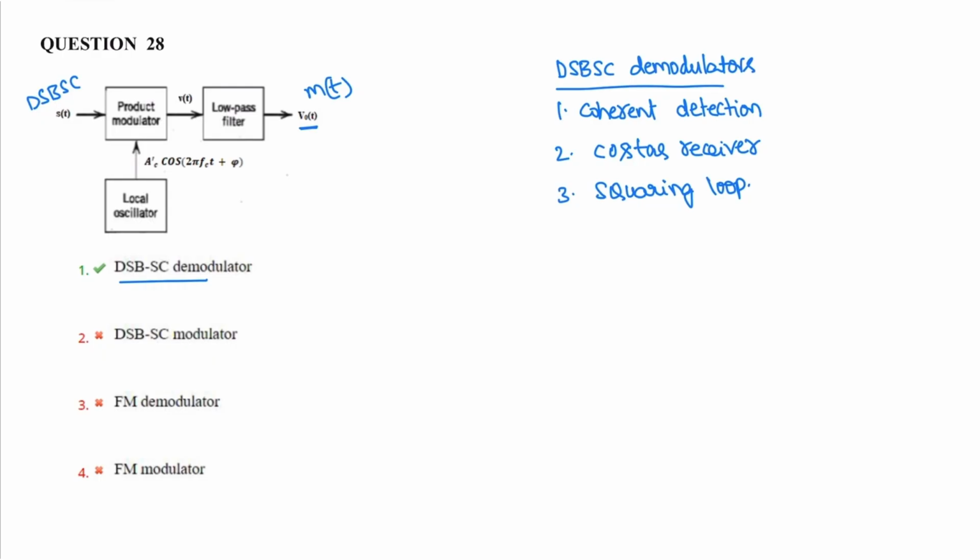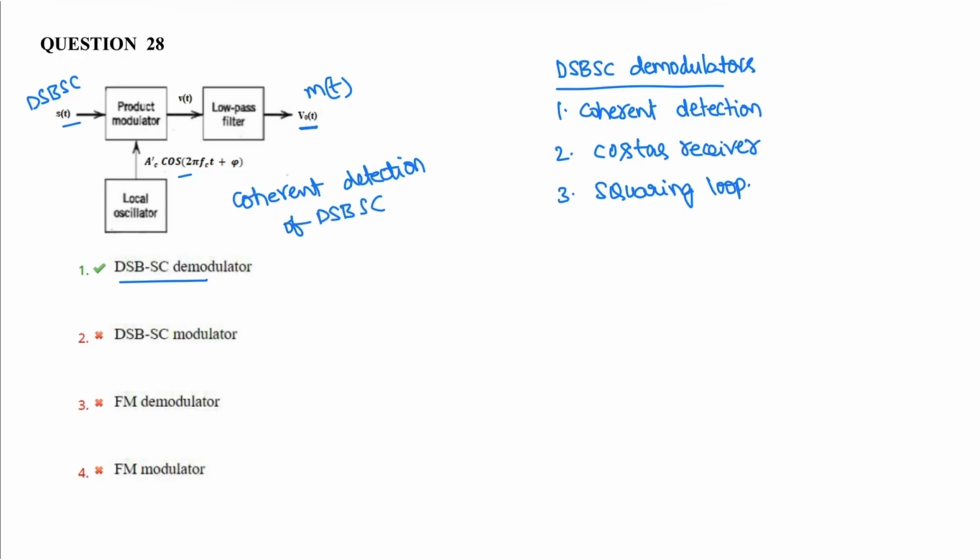So the product of this S of t signal and the locally generated signal is V of t. This V of t signal is passed through a low pass filter to obtain the message signal m of t. Coherent detection of DSB-SC wave. This diagram is the coherent detection of DSB-SC wave.